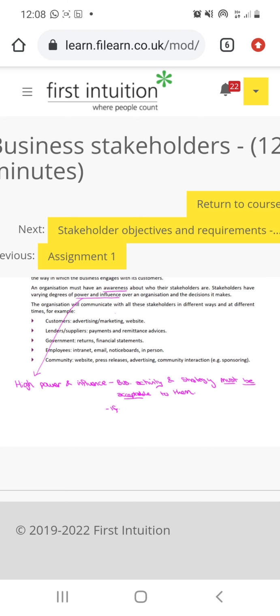If these groups of stakeholders are unhappy, they have the power, they have the influence to do something about it. Perhaps to change what it is you're planning.